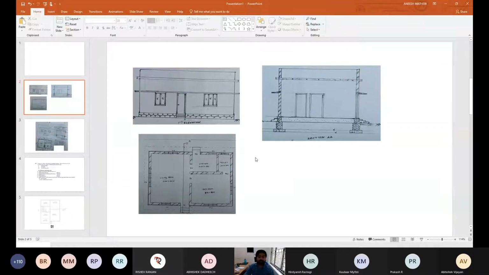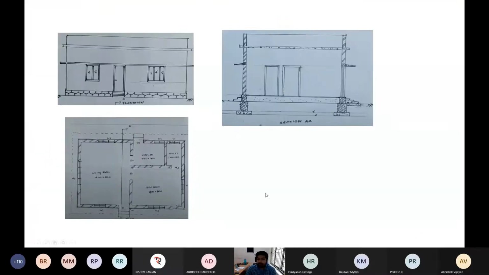So this is a simple thing only. What are you seeing in the figure? What is that, left bottom? Line.